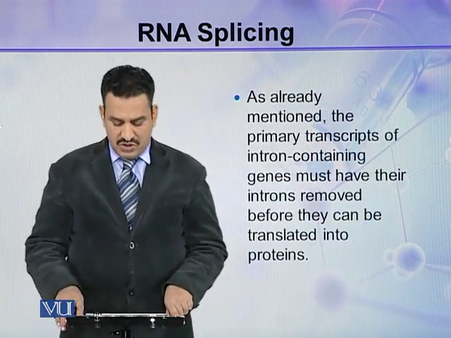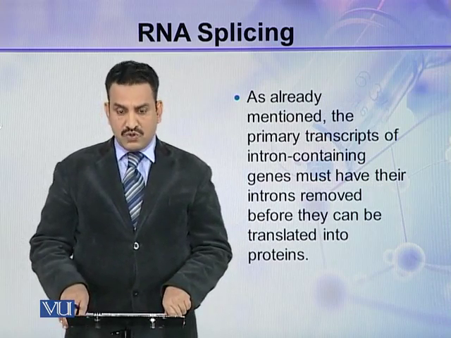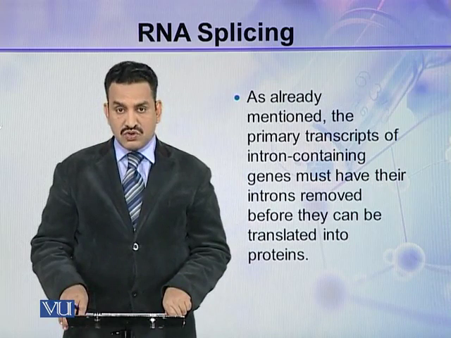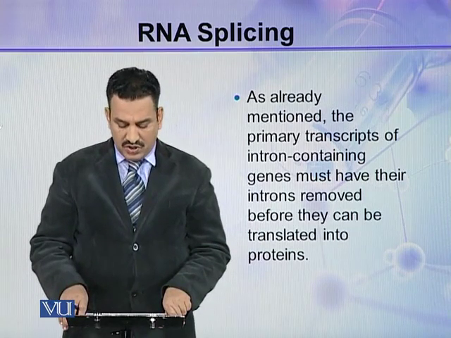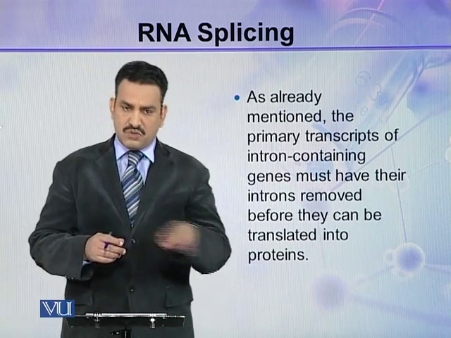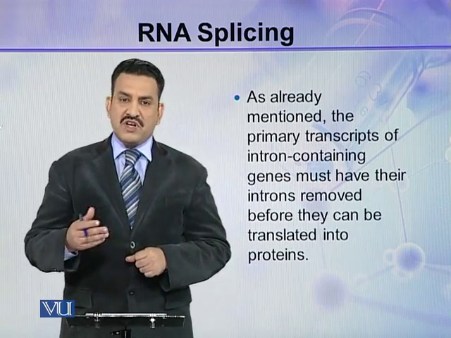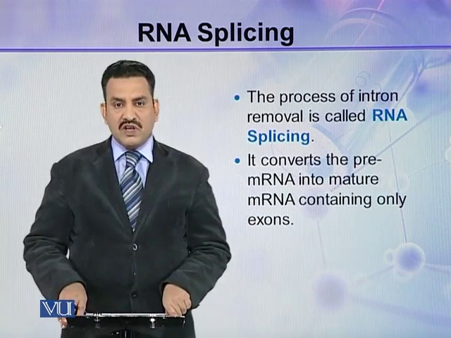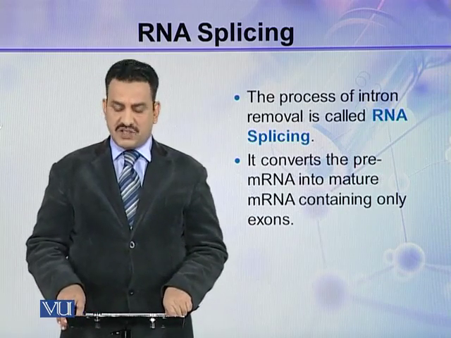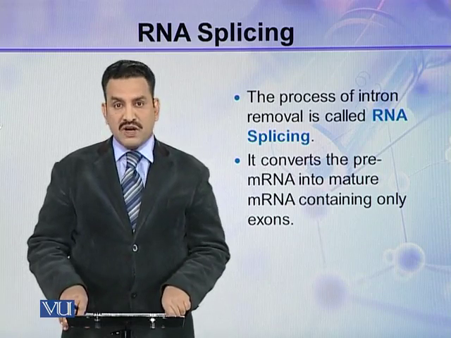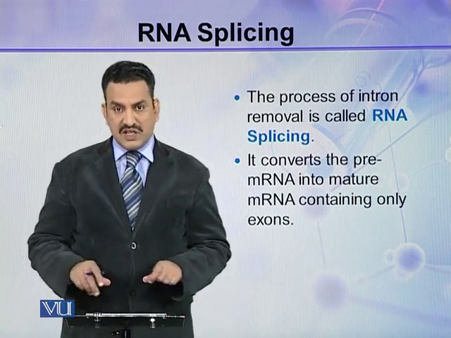As already mentioned, the primary transcripts of intron-containing genes must have their introns removed before they can be translated into proteins. The process of intron removal is called RNA splicing. It converts the pre-mRNA into mature mRNA that contains only exons.